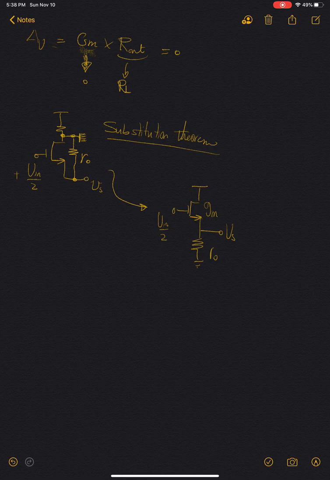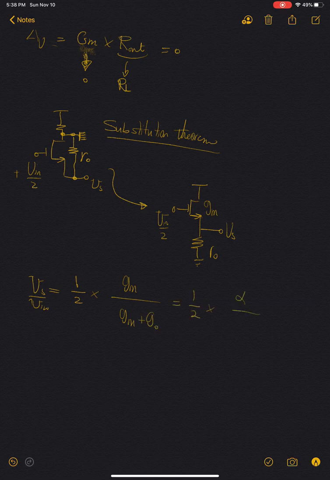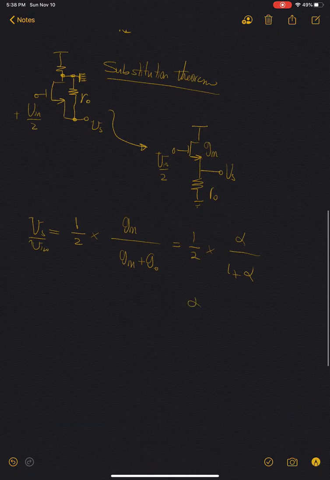And this is a common drain amplifier, so Vs would be, or in a more familiar form, it will be, where alpha is GM R out.